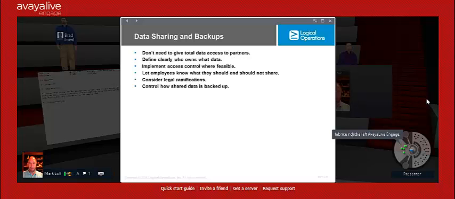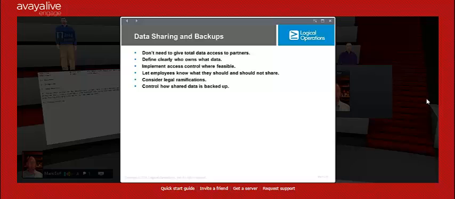Data sharing and backups. Let's say, just for the sake of argument, I'm Boeing and you're Lockheed, and we won a government contract, and as part of that contract, we're developing a military avionics suite for military aircraft, and your engineers need some level of access to certain amounts of my data, and my engineers need access to a specific server at your organization.